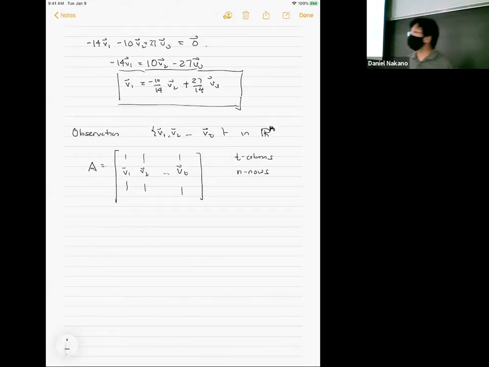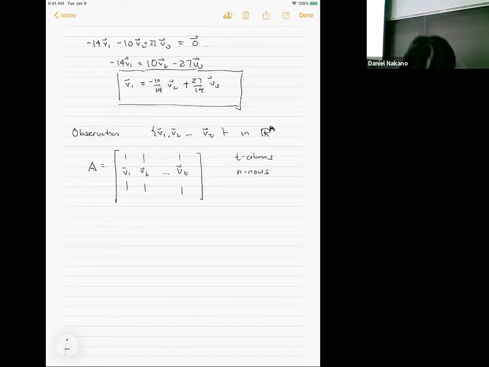All right. Now let's just use our imagination. Can anyone tell me when you're going to have free variables? When there are more columns than rows, right?